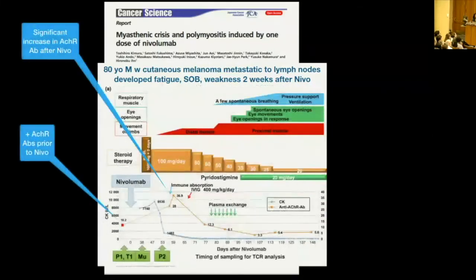The authors obtained a baseline acetylcholine receptor antibody level, and this patient had low levels of acetylcholine receptor antibodies. However, after treatment with nivolumab, we can see a spike in the acetylcholine receptor antibodies. And after immunoglobulin, you see the acetylcholine receptor antibody level decrease. And the same was true for the CK levels.